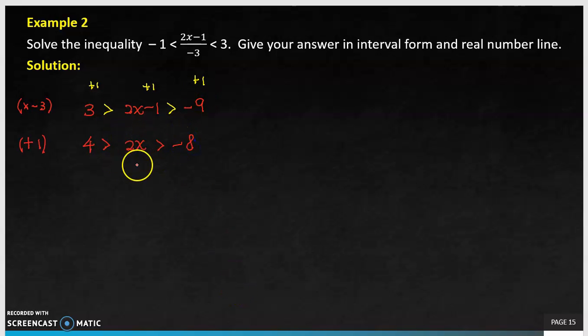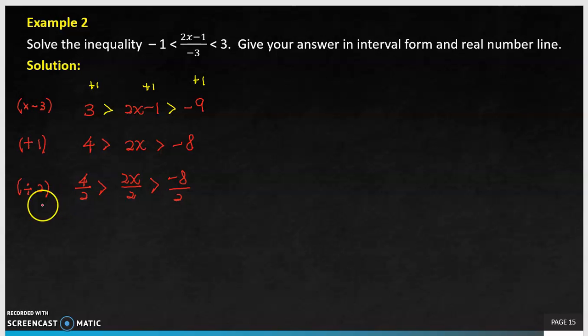So finally, here is 2x, so I divide by 2. 4 divided by 2, 2x divided by 2, -8 divided by 2. Some of you may ask, why when we divide by 2 does the sign not change?